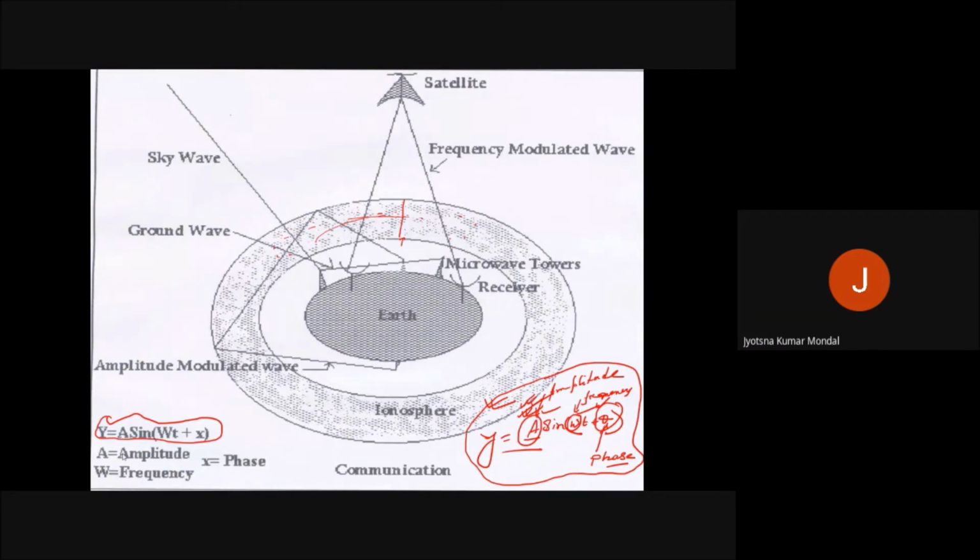And another thing is that the amplitude modulated wave has the capability of being reflected by the ionosphere. You see, if we start from here, it is reflected like this. Multiple reflections may be there from the ionosphere. So you see, Sri Lanka Broadcasting Center, Voice of America, these are amplitude modulated radio waves.